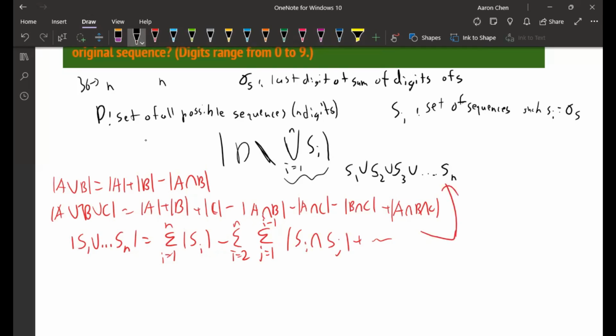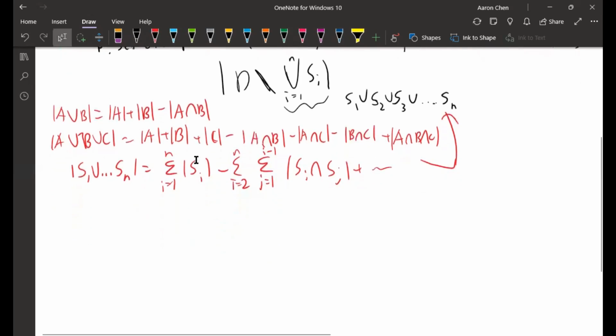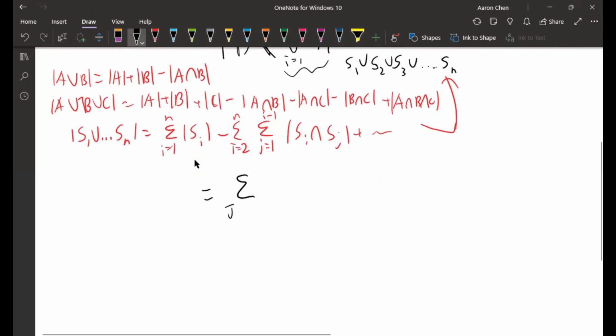What you get is that this value is equal to the sum over all sets J that are any subset of the numbers from 1 to n, including the set of all the first n positive numbers also.